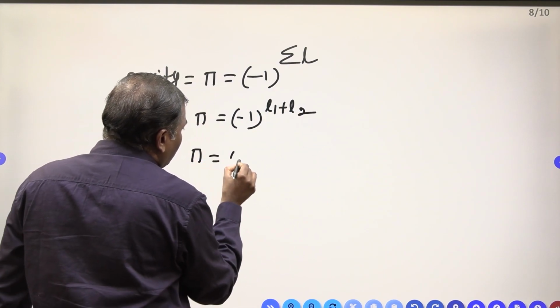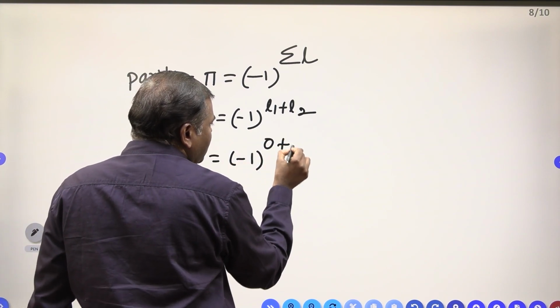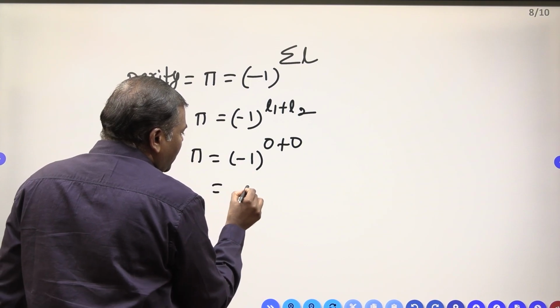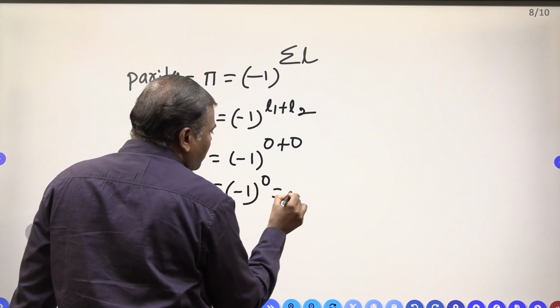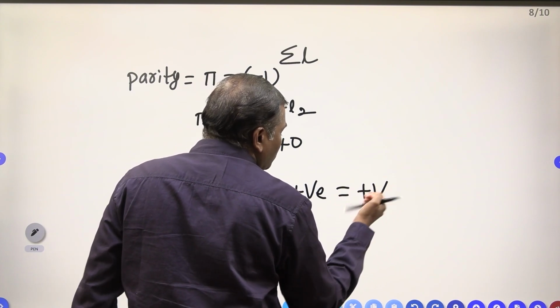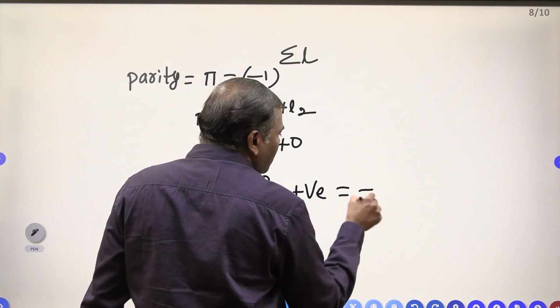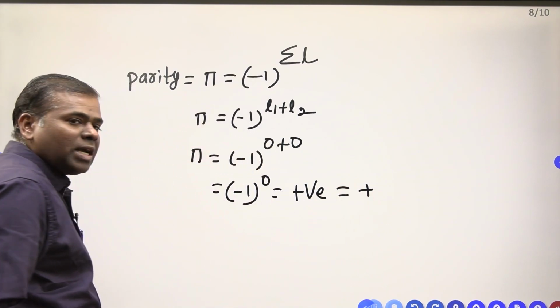Therefore, pi is equal to minus 1 to the power of L1 equal to 0 plus L2 equal to 0. Therefore, minus 1 to the power of 0, you are getting positive. Parity is positive. Clear?